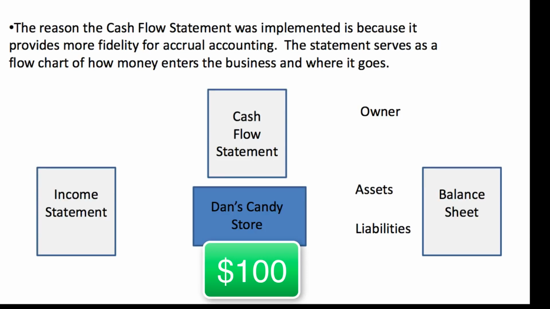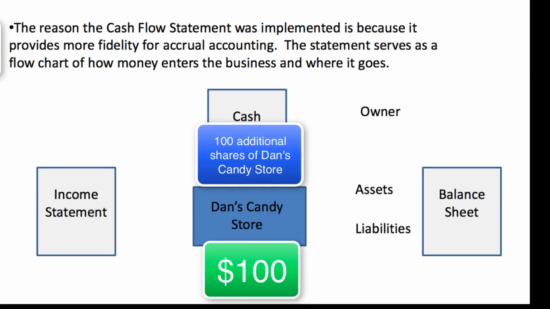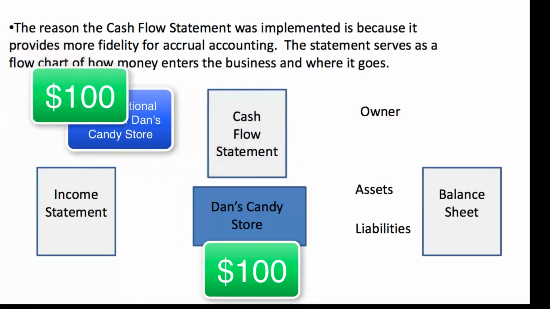So not only can he have money flowing in from the product that he has produced, the $100 from the candy, but let's just say that this is a publicly traded company. Dan could actually raise revenues for his company through the issuance of stock. So let's say that there's 100 shares outstanding on Dan's store. Let's say Dan wanted to issue another 100 shares, so there'd be 200 shares outstanding.